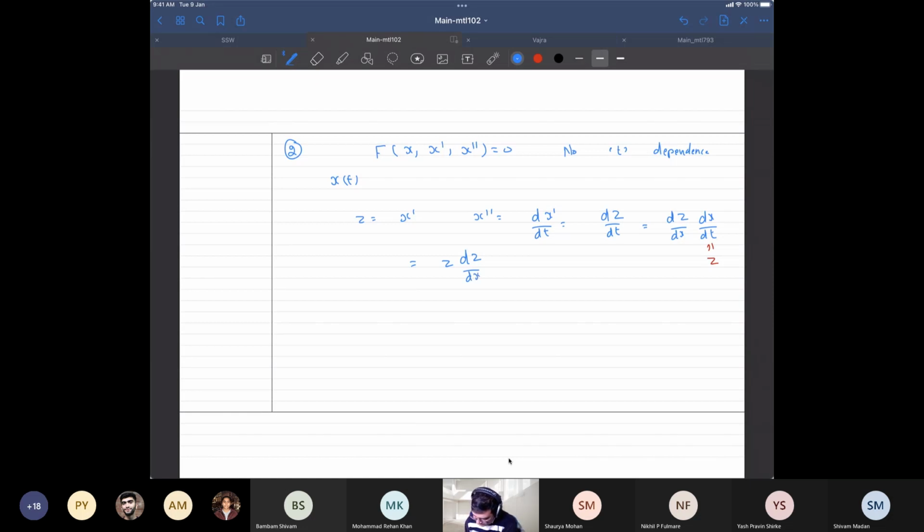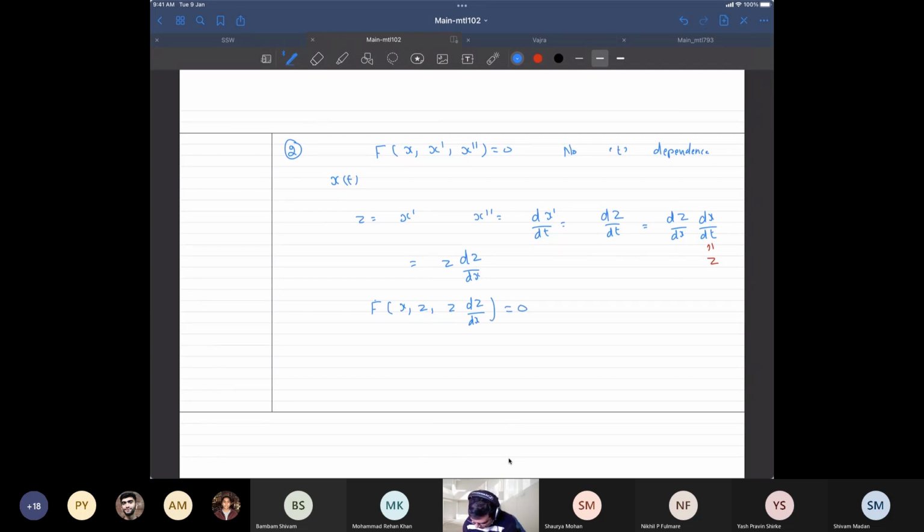With this we get a new ODE, but with respect to x. So we get x here, and z, and the second derivative part is equal to z dz/dx.